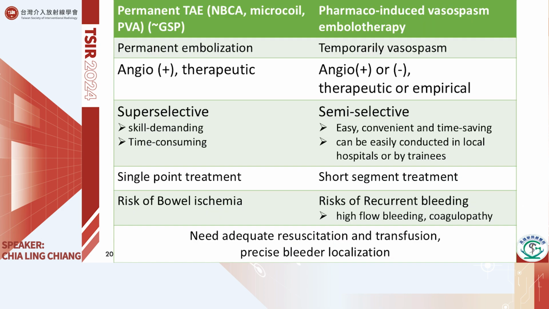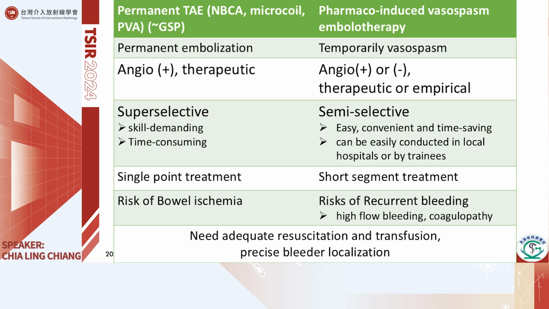In comparison, super-selective permanent embolization is usually only recommended in angiopositive patients with therapeutic intent. It needs a super-selective technique, which is very skill demanding and time consuming. It can only perform single point treatment, with risk of bowel ischemia. However, vasospasm embolotherapy produces only a temporary vasospasm.